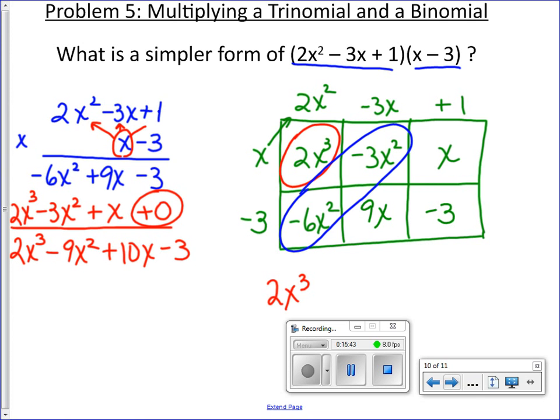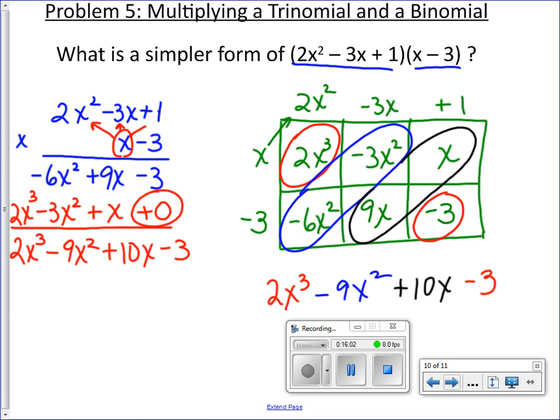Negative 6x squared and negative 3x squared combine to give minus 9x squared. All right, then you've got your 9x and your x. We can put those together, which would give us plus 10x. And then finally, you've got minus 3. Now, you may notice this looks just like lattice, and it is.